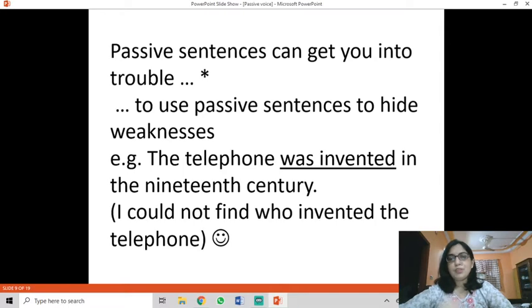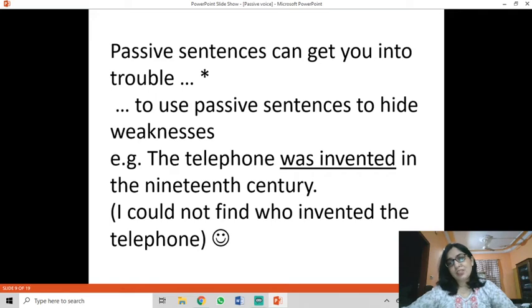You can drop an important piece of information easily. So over here, let's say a student could not recall who invented the telephone, maybe during an examination, so he would make a sentence where he could still provide some information to the examiner and hide his weakness.